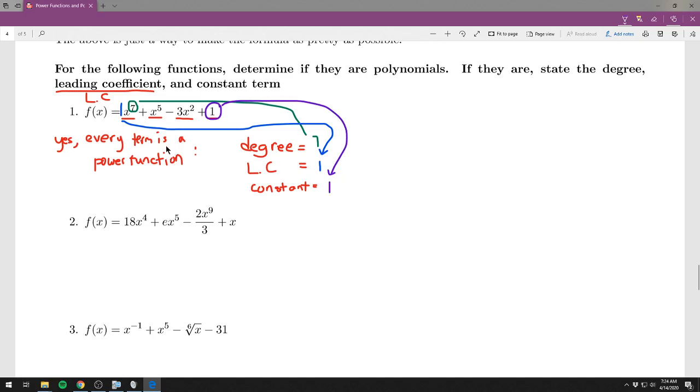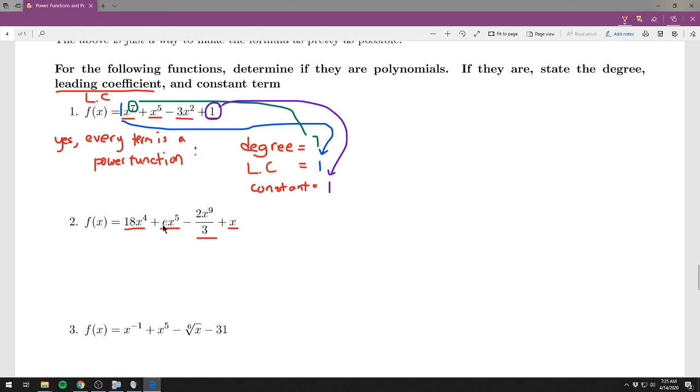So this is a polynomial because every term is a power function. Its degree is 7, its leading coefficient is 1, and its constant term is 1. Next example here, 18x to the 4th plus e times x to the 5th minus 2x to the 9th over 3 plus x. Is this a polynomial? Well, we ask ourselves, is every term a power function? And once again, the answer is yes.